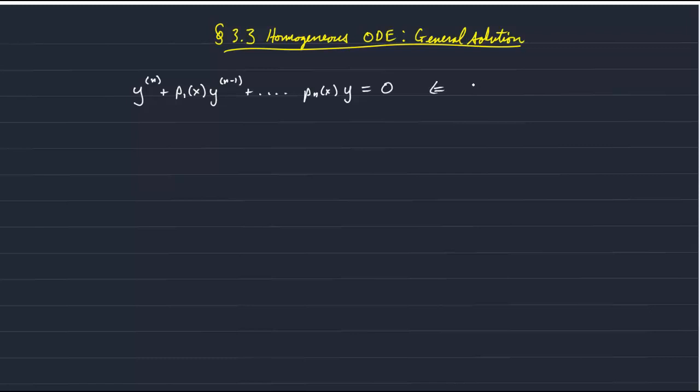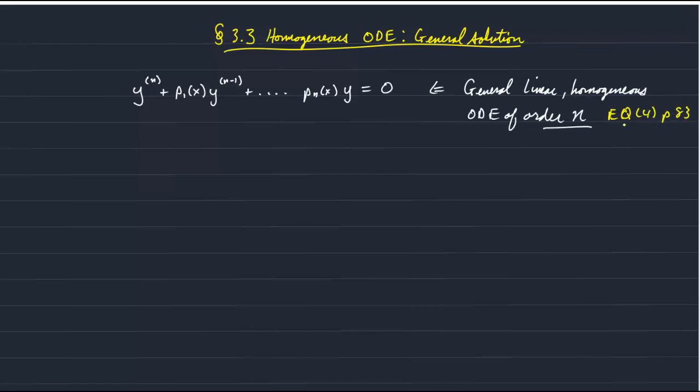So again, this is the general linear homogeneous ODE of order n. And I'm going to refer to this equation again. It's equation 4 on page 83 of Greenberg's text. So I'm going to refer in this video to equation 4 multiple times.